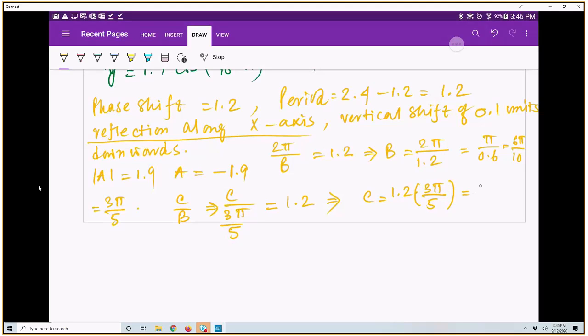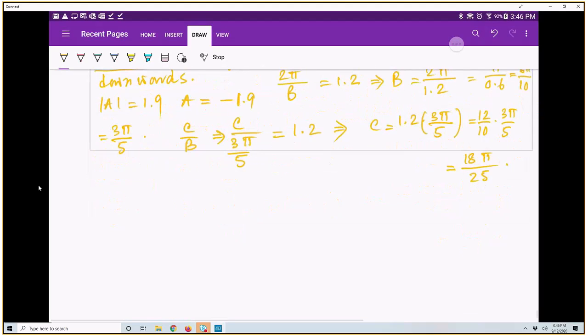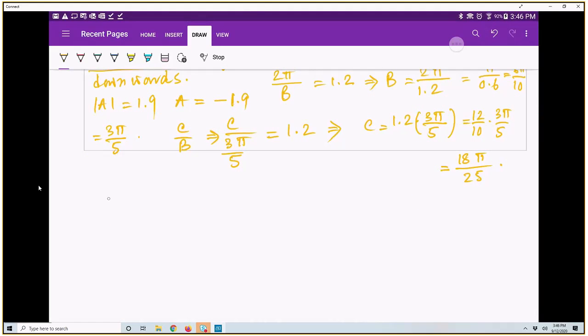So 1.2 can be written as 12 over 10 times 3 pi over 5, which is equal to, well, I can easily divide both top and bottom by 2 and make it 6 times 3, 18 pi over 5 times 5, so 25. And I'm done, because now I should be able to write down the equation of the function.